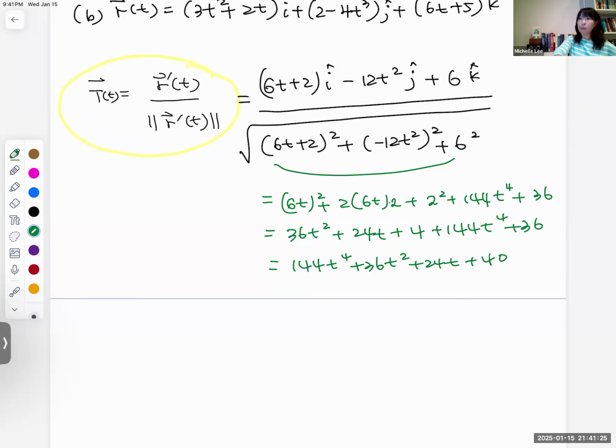Okay. What else can we do? I want to factor out the 2.